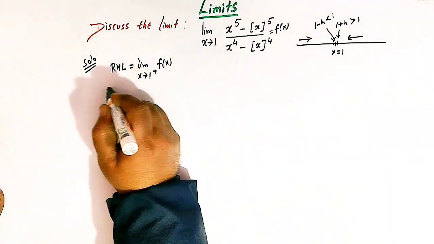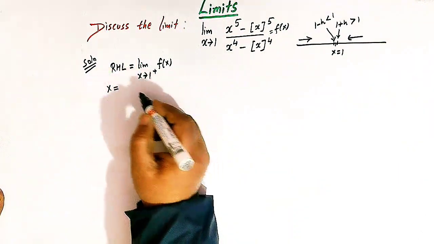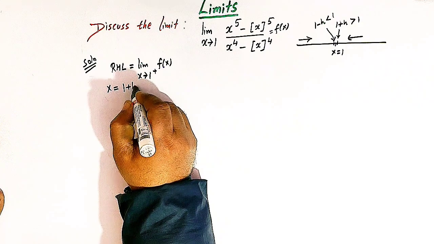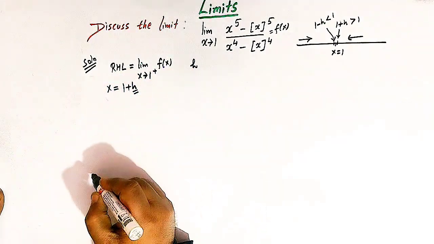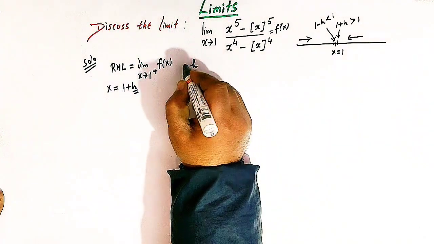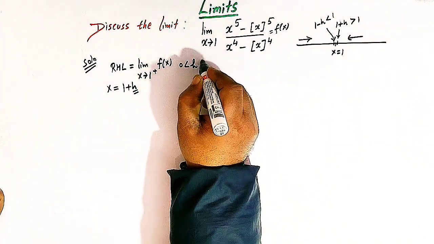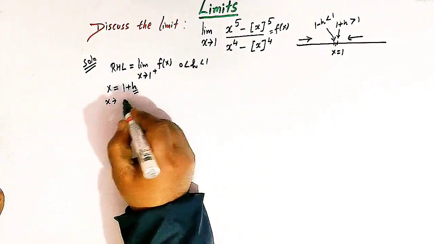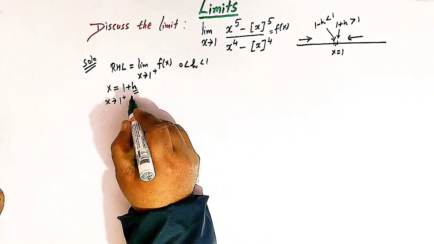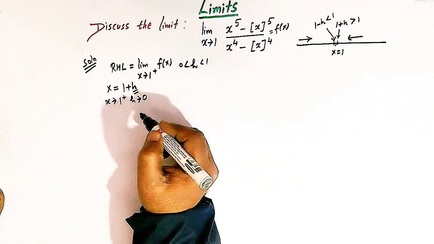So now we'll take x is equal to 1 plus h, right? And here this quantity h is infinitesimally very small, and it lies between 0 and 1, right? So when x tends to 1, then h tends to 0, right?